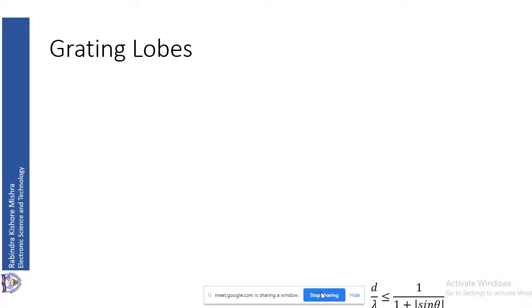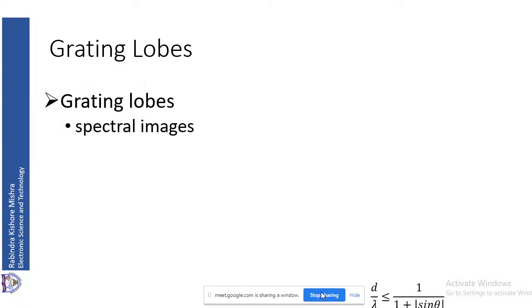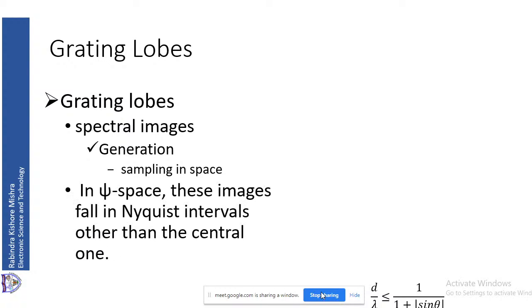Finally, I will come to the grating lobes once more that we have discussed. Actually, grating lobes are spectral images. It is equivalent to spectral images as in your communication or signal systems, DSP, etc. Here we look at grating lobes. Their generation is because of the sampling of space, like spectral images are generated by sampling in frequency.